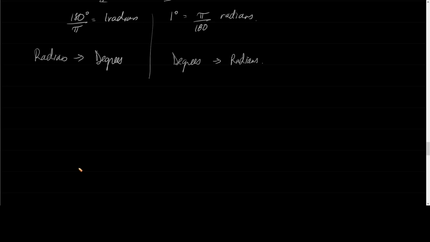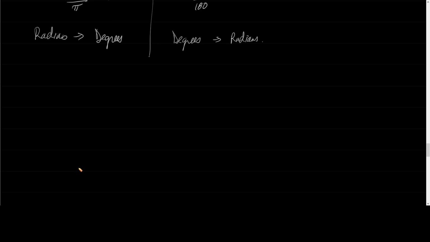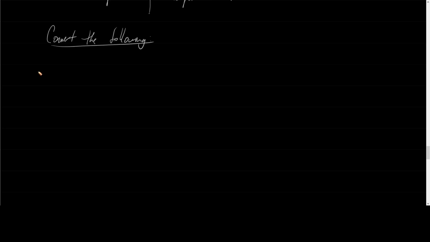let's do some examples. So convert the following. Let's say I have the angle of 135 degrees. Well, if I want to convert that, what I'm saying here is convert it to radians, right?